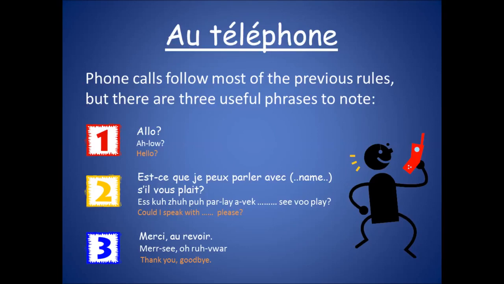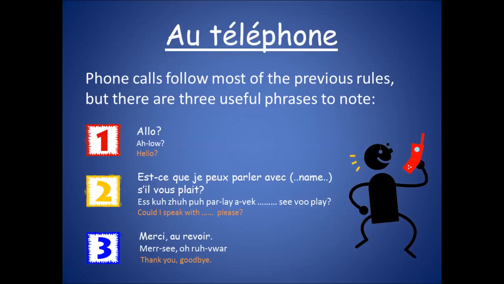Avec is with. And then the person's name, so that's Bob. S'il vous plaît. So all together, est-ce que je peux parler avec Bob, s'il vous plaît? And that translates to could I speak with Bob, please? Something which would be very useful, not just on the phone, you can use that in other places as well, with friends, etc.